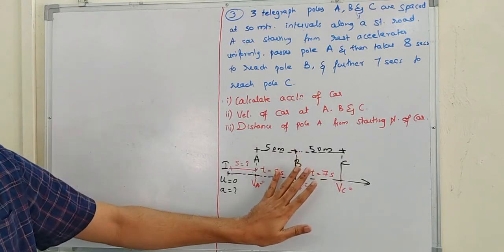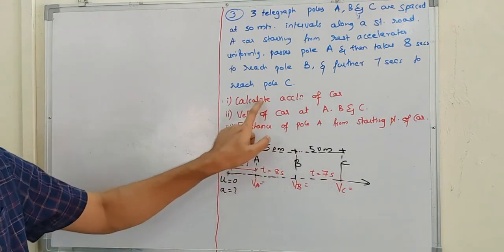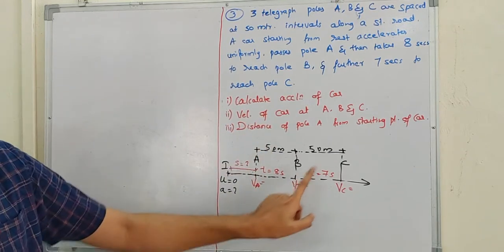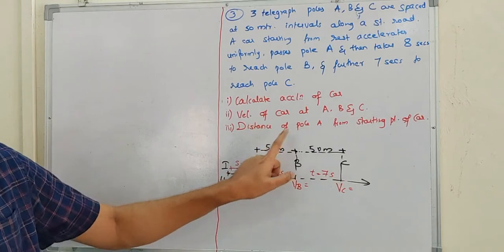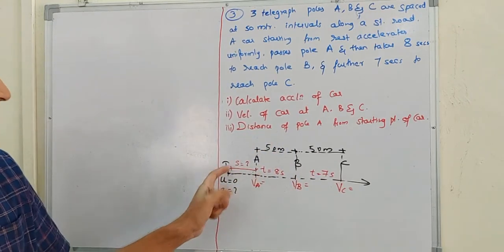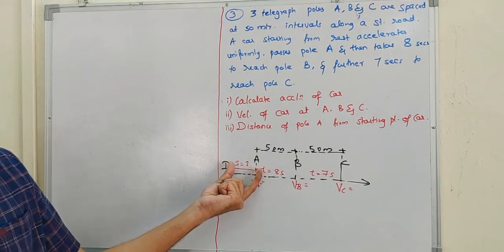This is the given data. For that, you have to calculate the acceleration of the car, the velocity of the car at A, B and C, and the distance of pole A from the starting point of the car.